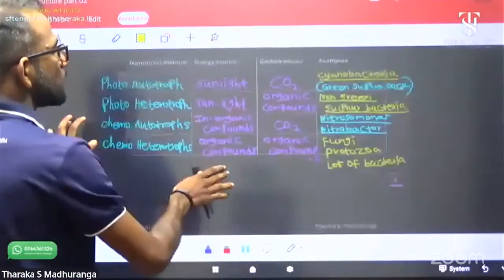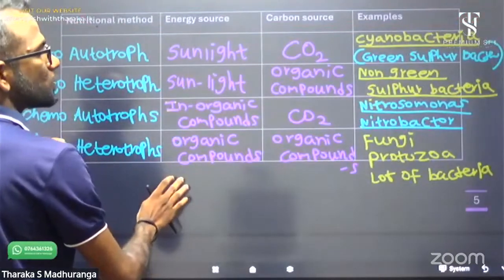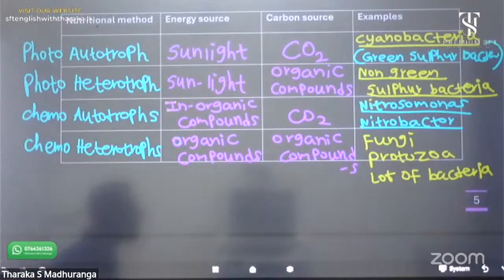This is a summary. We have four nutritional types: photoautotrophs, photoheterotrophs, chemoautotrophs, and chemoheterotrophs. Photoautotrophs do photosynthesis using sunlight and carbon dioxide; cyanobacteria are examples. Photoheterotrophs use sunlight but do not do photosynthesis; they depend on organic compounds, for example non-green sulfur bacteria.